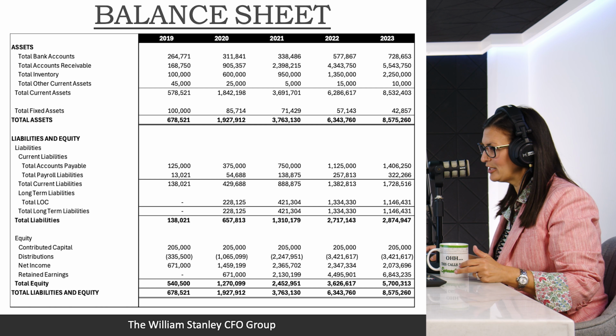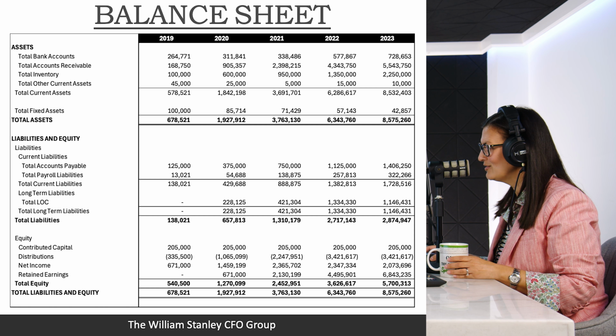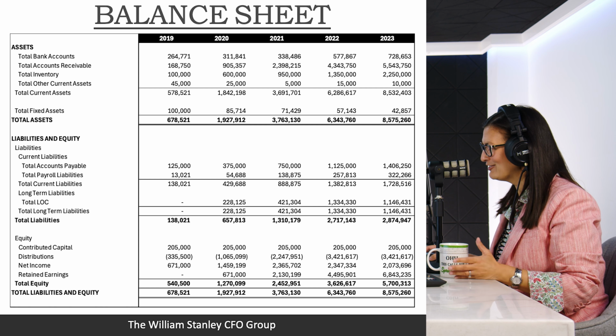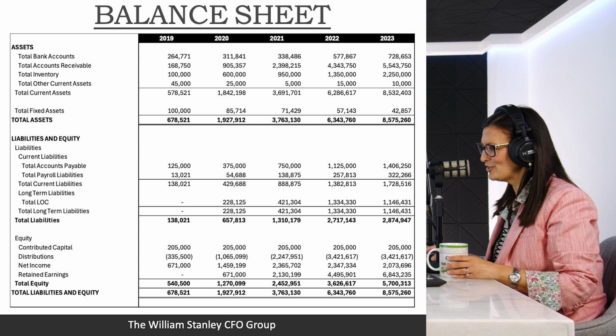Our first year in operations, when we did $2.5 million of revenue, we only had accounts receivable of $170,000. But now we're doing $28 million of revenue and our accounts receivable is $5.6 million. Is that proportionate? I'm not sure. Oh, okay. Inventory, same story, from $100,000 to $2.3 million.